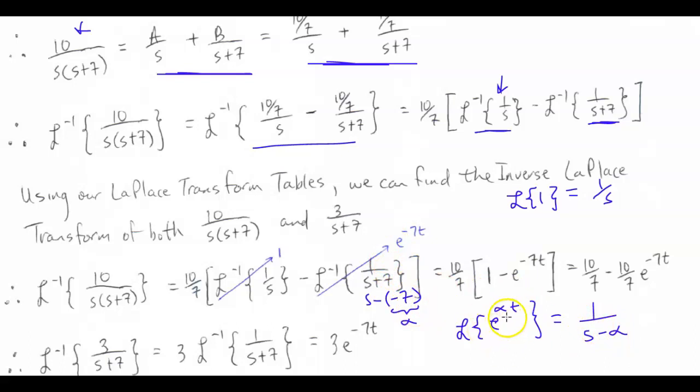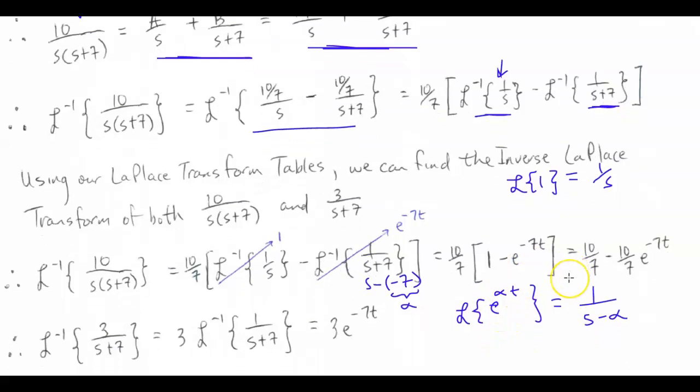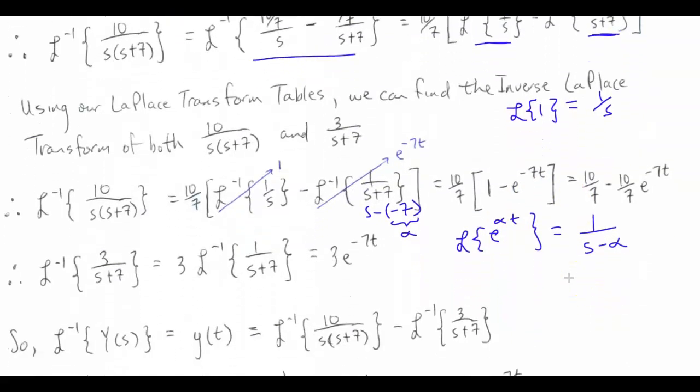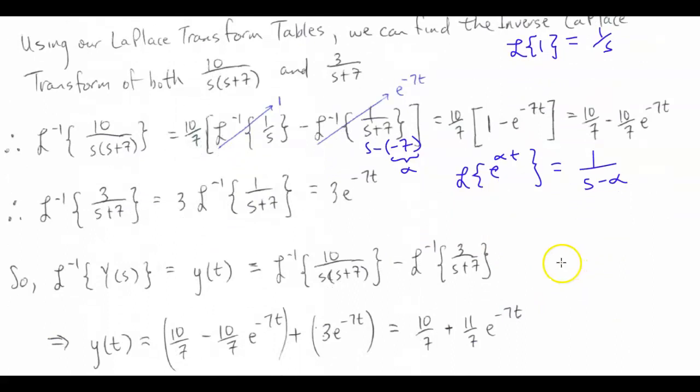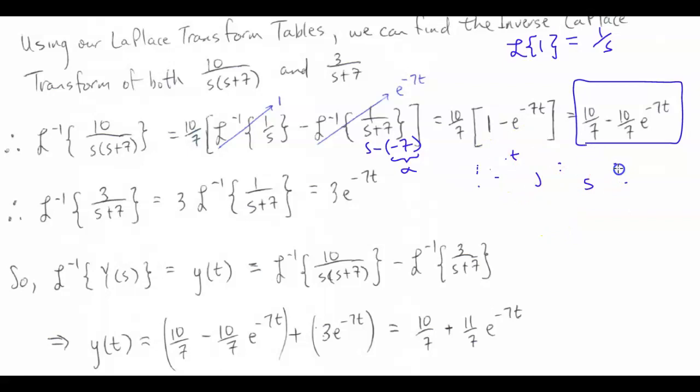So that's how we get the e raised to the negative 7t here. Once that's done, essentially all we have to do is put everything together. So for these first two terms, we see that it just ends up being this. And I'll go ahead and erase this just so that we don't have too much clutter.